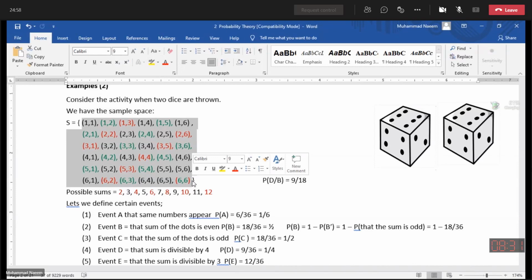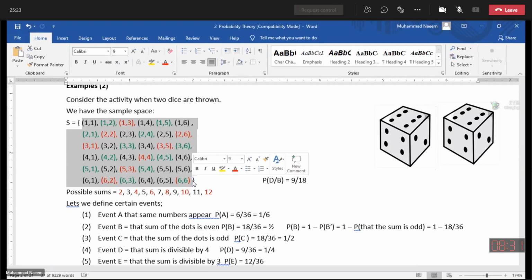Now we define some subsets, or you can say we define certain events in this sample space, on the basis of a certain property or characteristic.